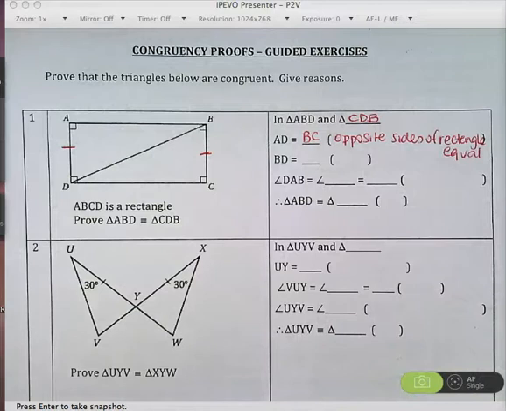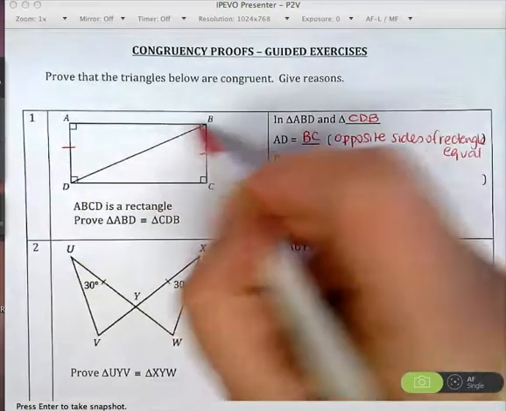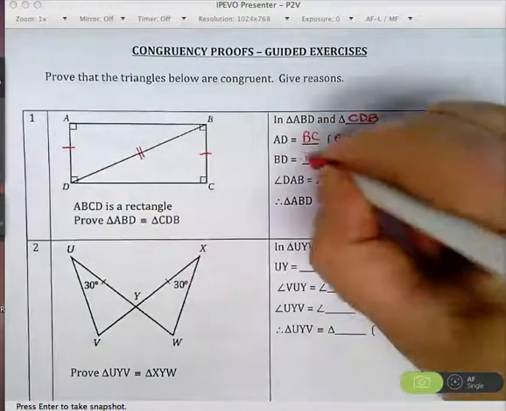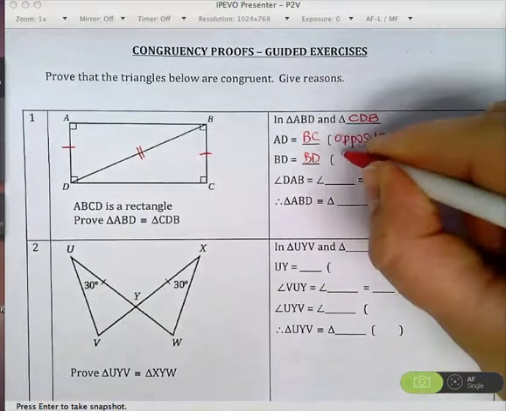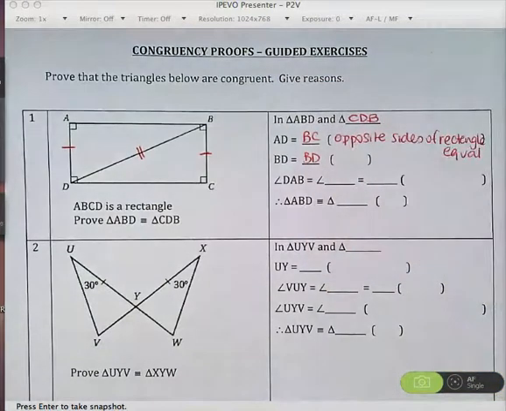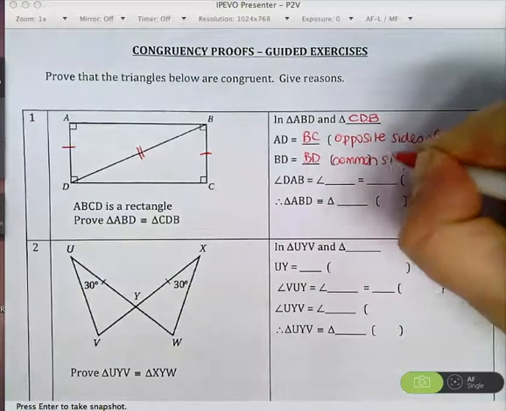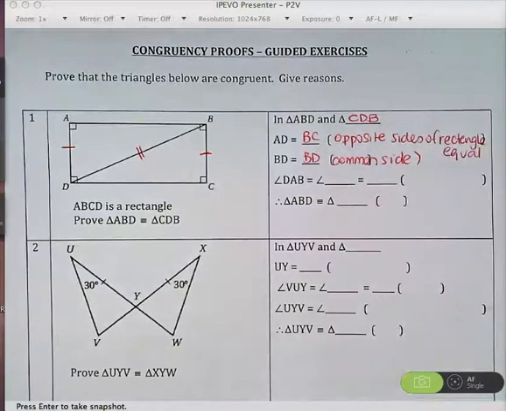We also know that BD, remember we're trying to prove that these two triangles are congruent here. We know that BD equals BD, common side. Actually, you might need a bit more room there. Common side, okay?